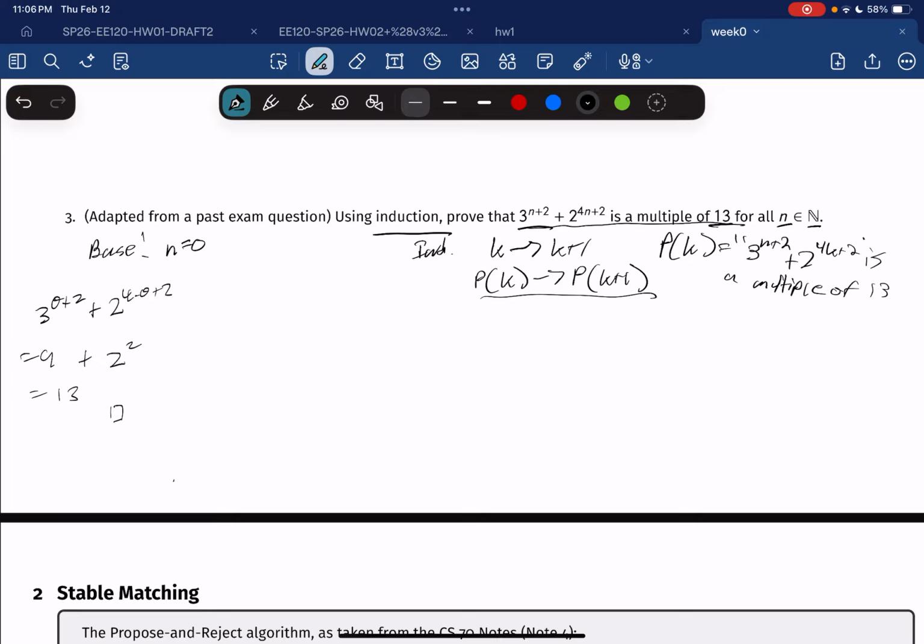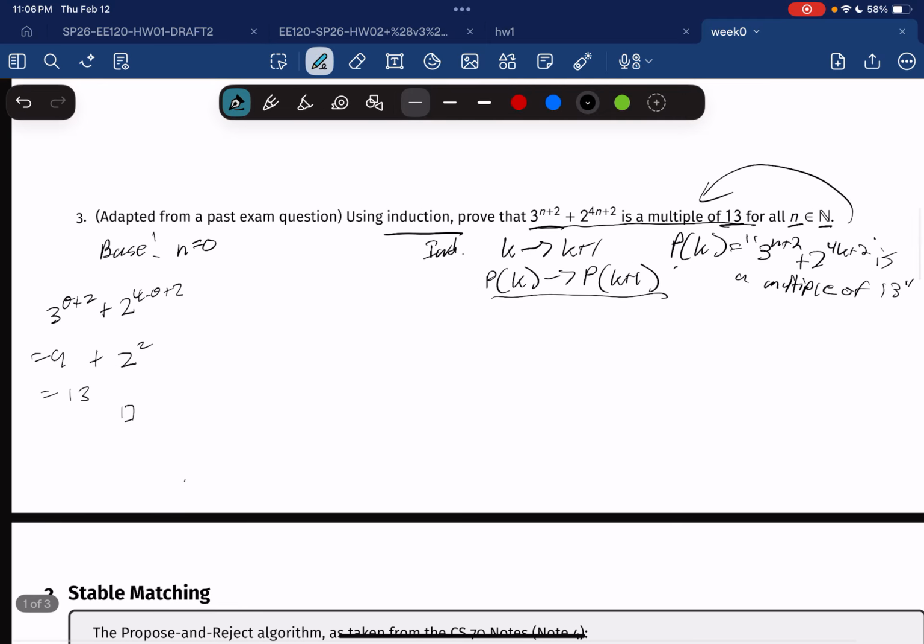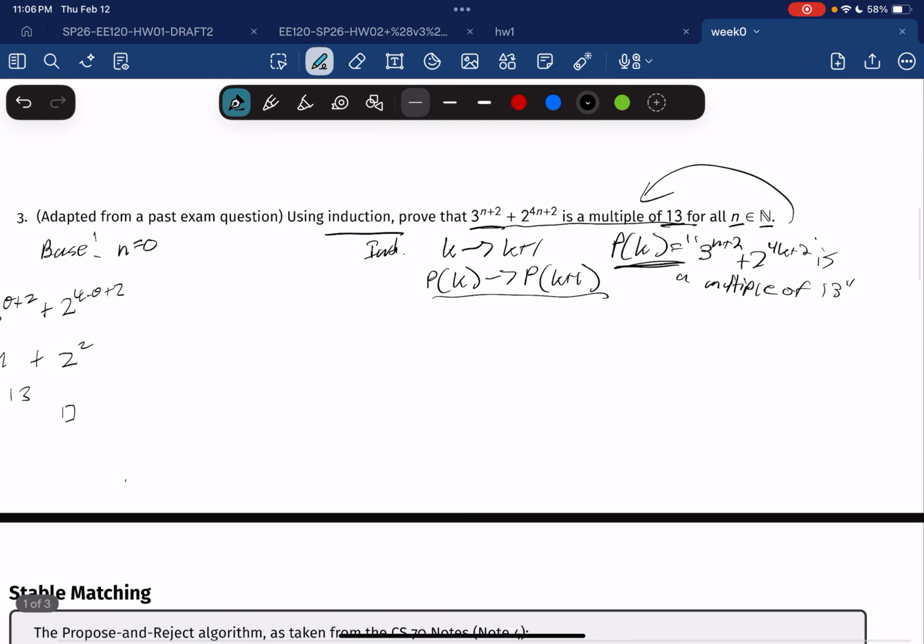Sorry for the handwriting, but it's just a restatement of this value. That's what we want to show. And what we want to show is that the proposition for k plus 1 is also true. With induction, we already know that this statement here is something that we will be relying on.